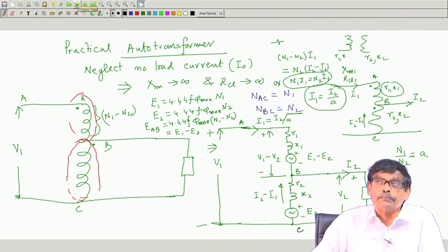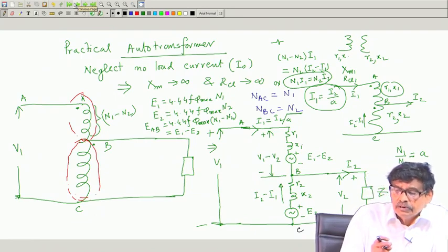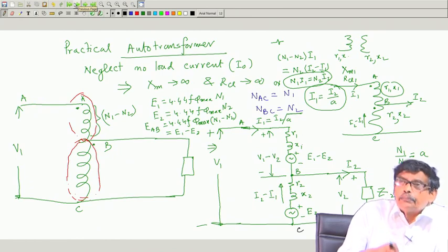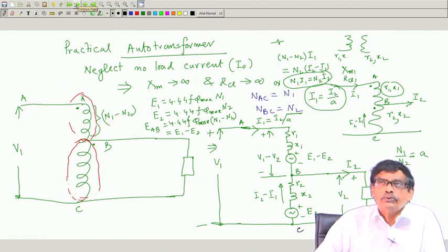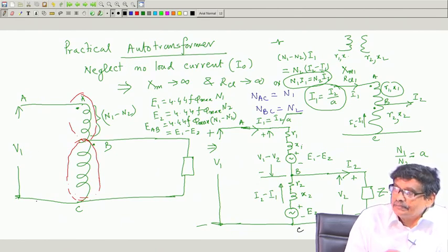In any case, I will consider the approximate equivalent circuit. Therefore, the magnetizing current and core loss component of current can be shown to be connected right across the supply terminals as two components. One is RCL1, another is XM1. For example, here I will connect RCL1 and XM1.